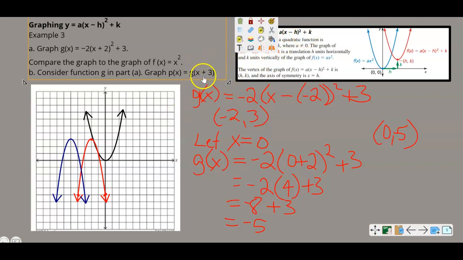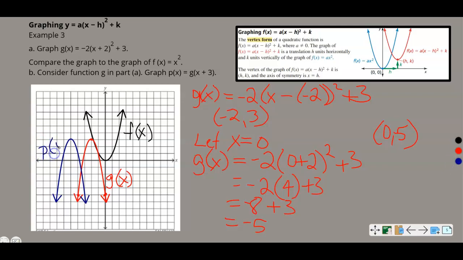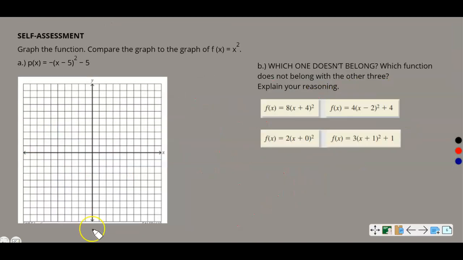So when I move to the left 3 units, I literally took the same function, moved it over to the left 3 spots, and that's my p of x. All right, I'm going to label these for you. So the red one is g of x. The black one is your parent function, or f of x. And the blue one is your new function, p of x.